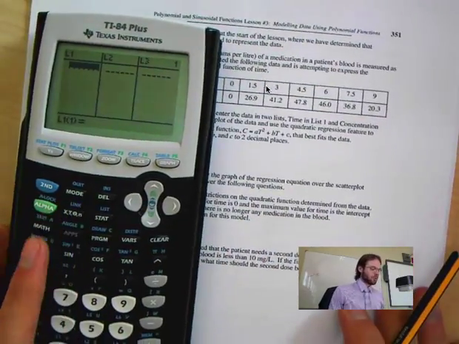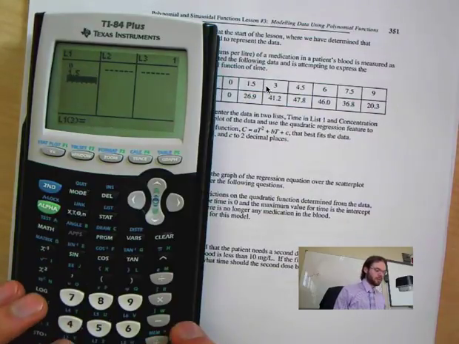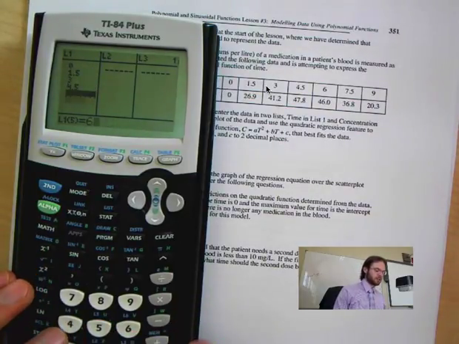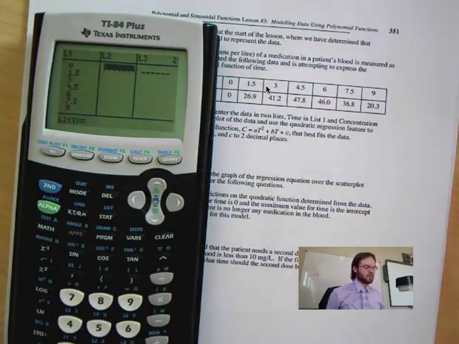So let's take a look at this. My x values are 0, enter, 1.5, 3, 4.5, 6, 7.5, and 9. So actually my x values are the same. Didn't really have to change them.